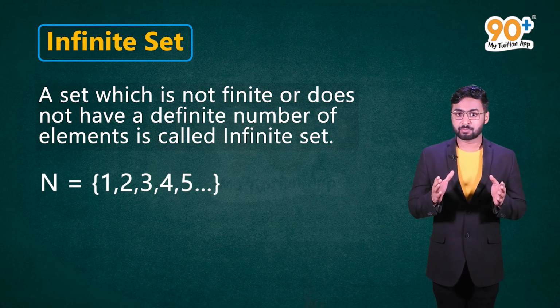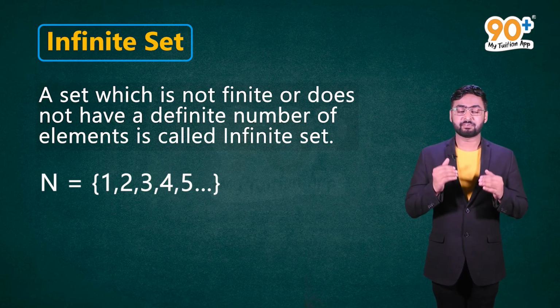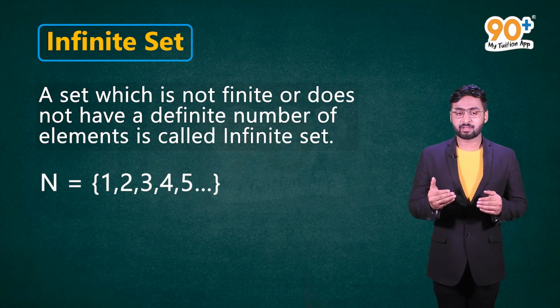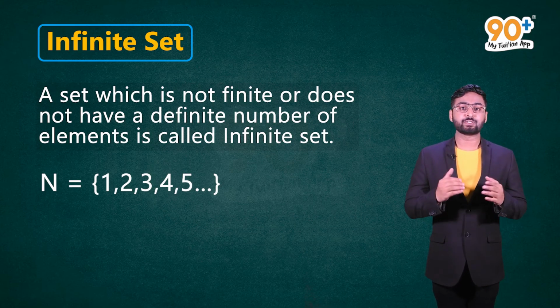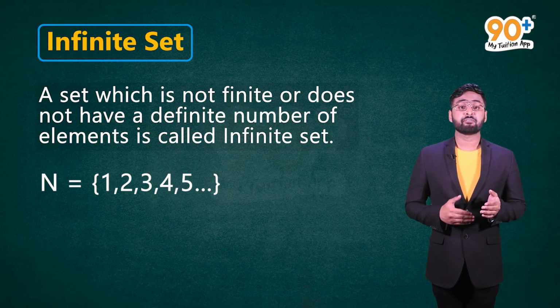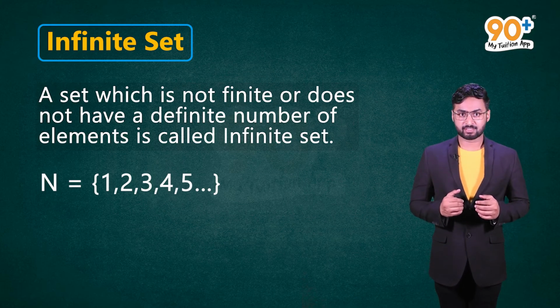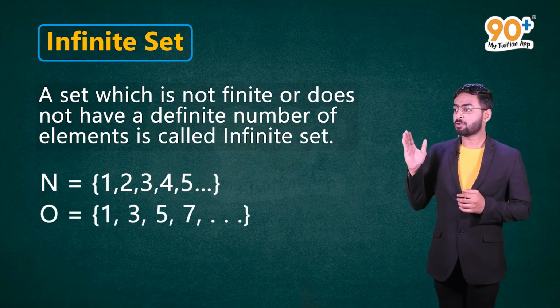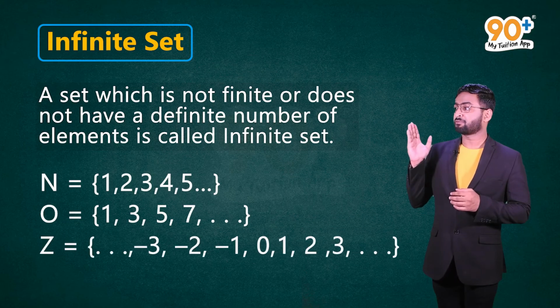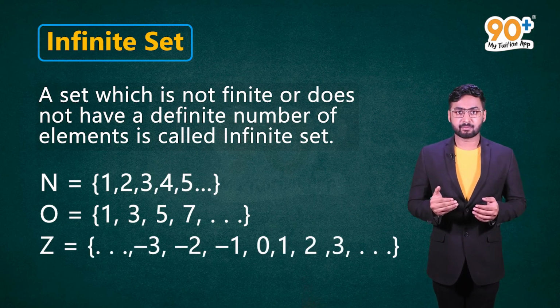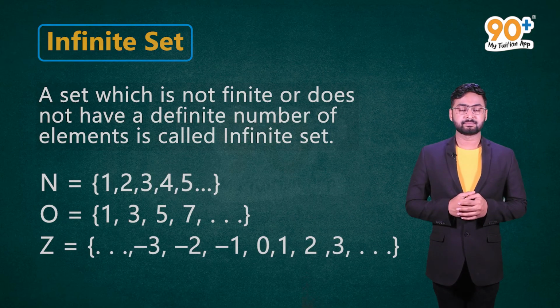But it is not possible to do so in the case of an infinite set, as the number of elements would go on, and it is not practical to do so. So what we do is, we represent it by writing the first few elements followed by 3 dots.